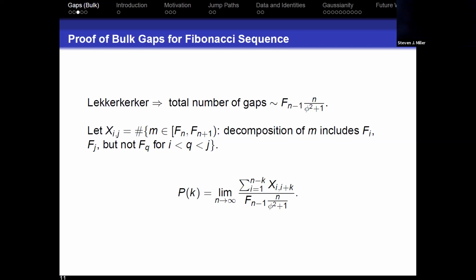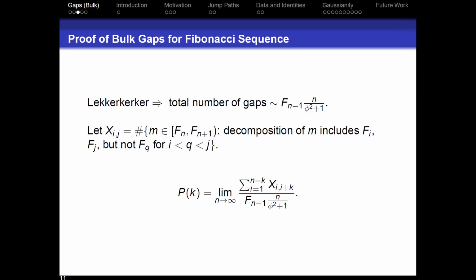So can somebody tell me why I have i going from 1 to n minus k? Just to make sure that all the gaps of length k are counted, right? Wait, but why doesn't it go all the way up to n?